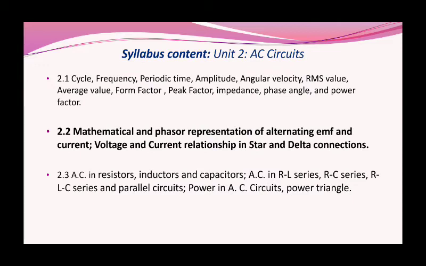So, in this video, we are going to see this syllabus content, that is mathematical phasor representation of alternating EMF, current, voltage, and then voltage and current relationship in star and delta connection.